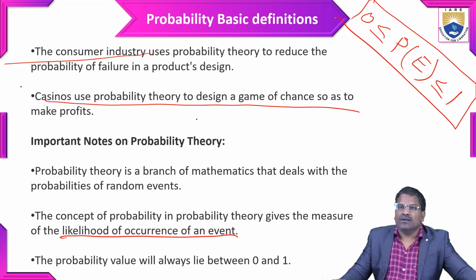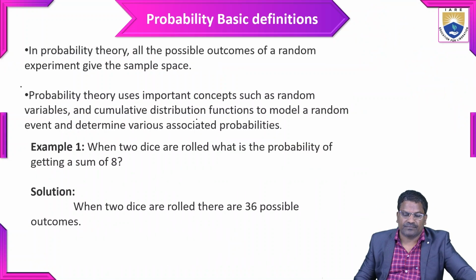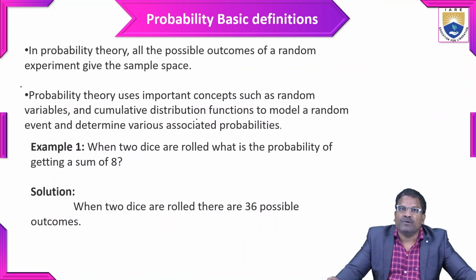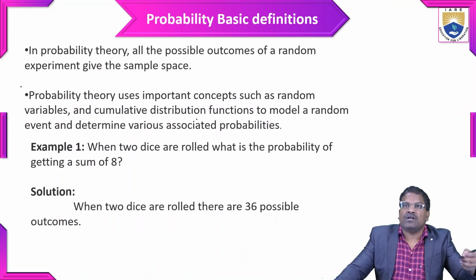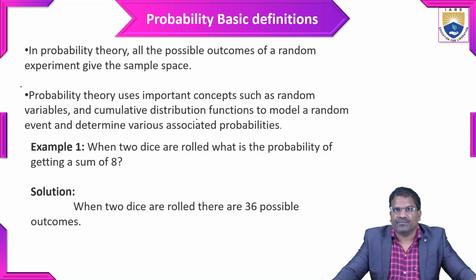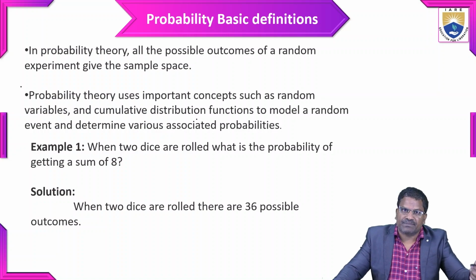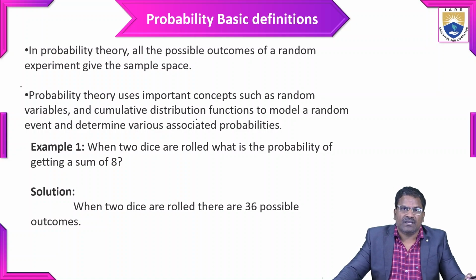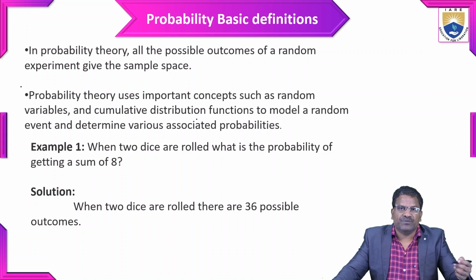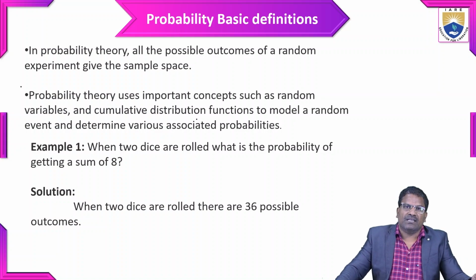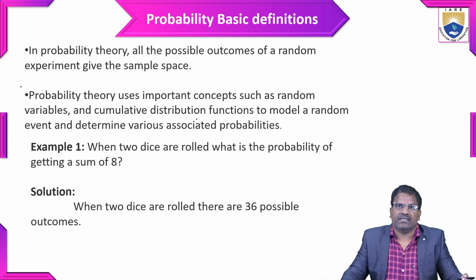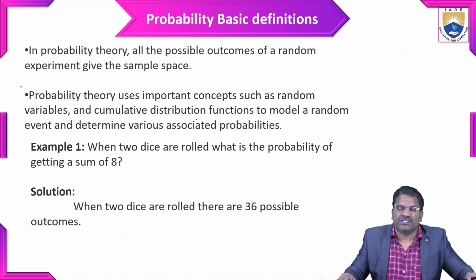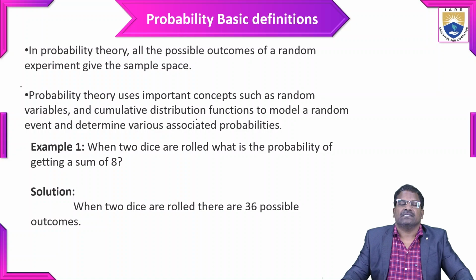This is the main condition of probability. In probability theory, all the possible outcomes of a random experiment give the sample space. Probability theory uses important concepts such as random values, random variables, and cumulative distribution functions to model a random event and determine various associated probabilities.